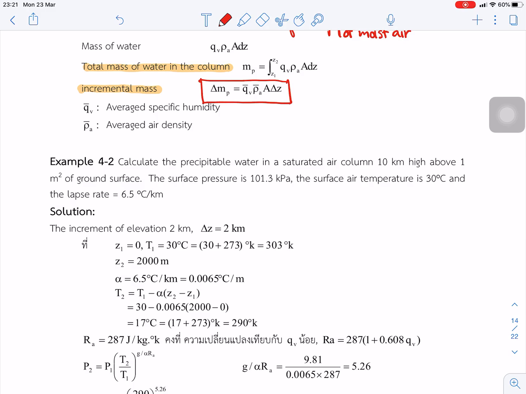We assume that the saturated air mass is 10 km above 1 square meter, and the surface pressure is 101.3 kilopascal. The air temperature is 30 degrees, and alpha, the lapse rate, is 6.5.